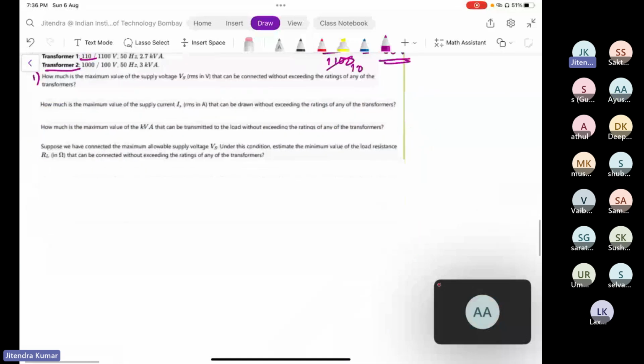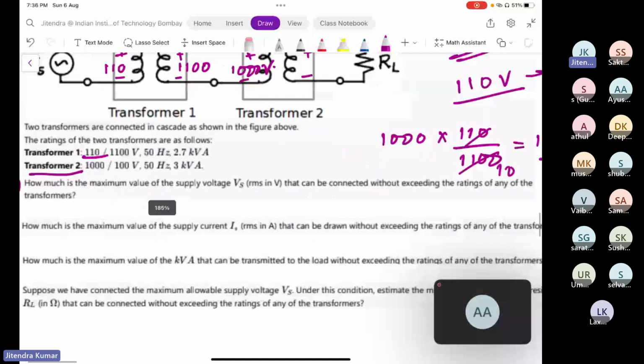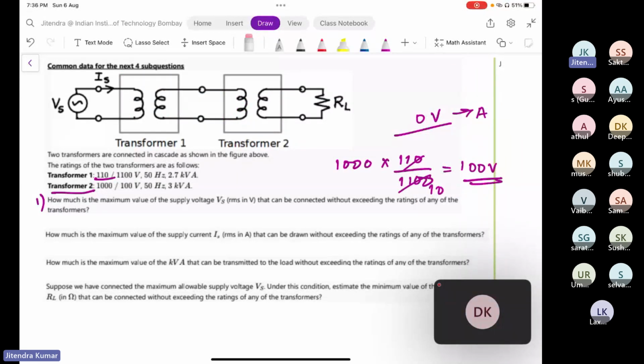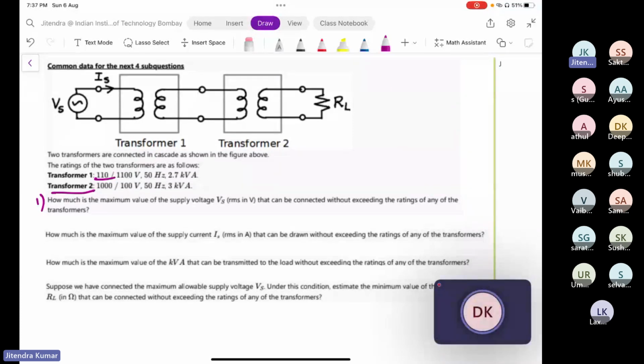So how much is the maximum value of the supply current that can be drawn without exceeding the ratings of any of the transformers? So how to proceed with this part? Let's see. 24.5 ampere of the maximum supply current you are saying? No, sir, 24.5.